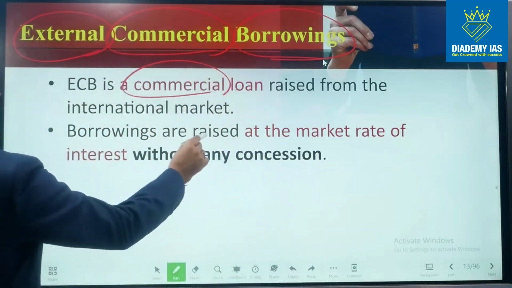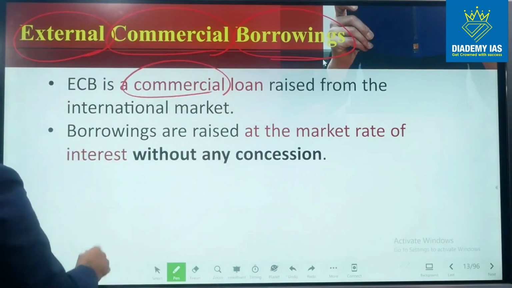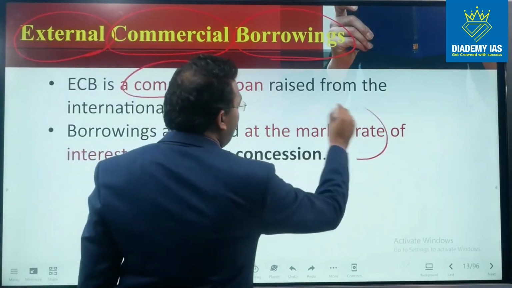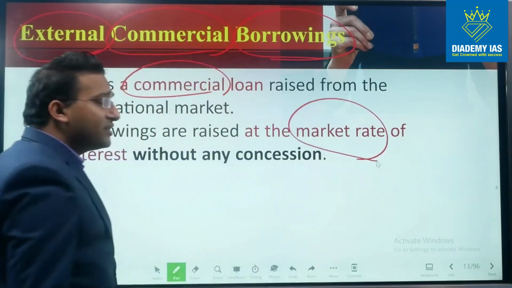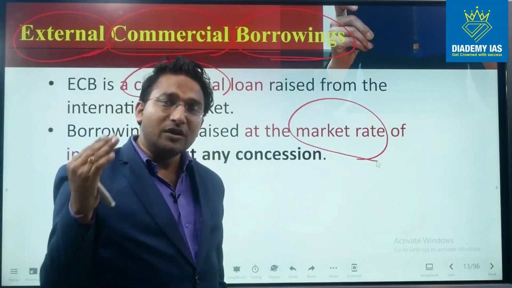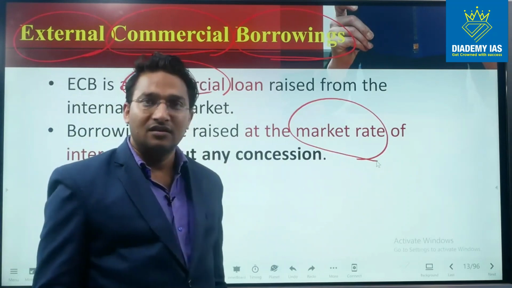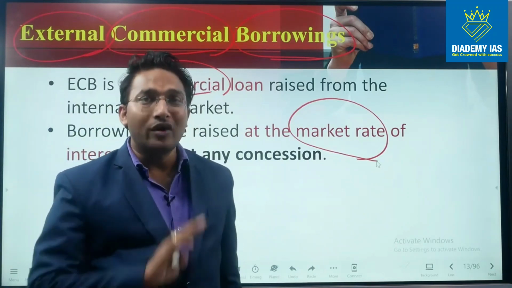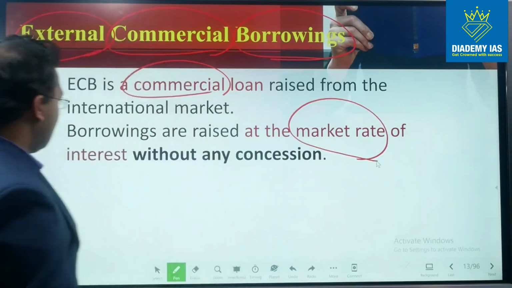Borrowings are raised at the market rate of interest without any concession. So the rate of interest is at the market rate. There is no relaxation because the purpose here is business. There is no charity, no relaxation, no assistance, right?